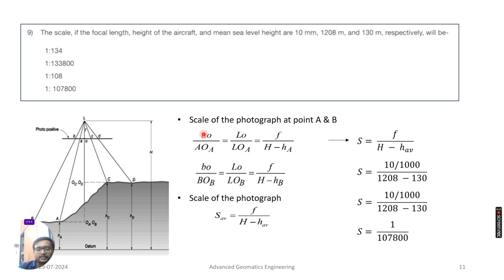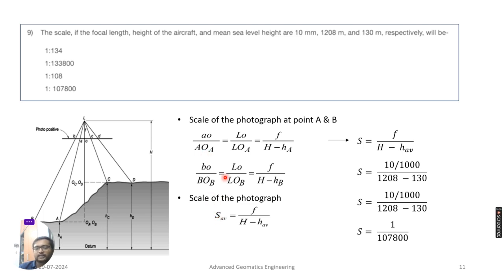Here AO is the length of the object on the map and AOA is the length of the object on the ground. That is known as the scale: the ratio of the dimension on the map divided by the dimension on the ground is the scale of the image.